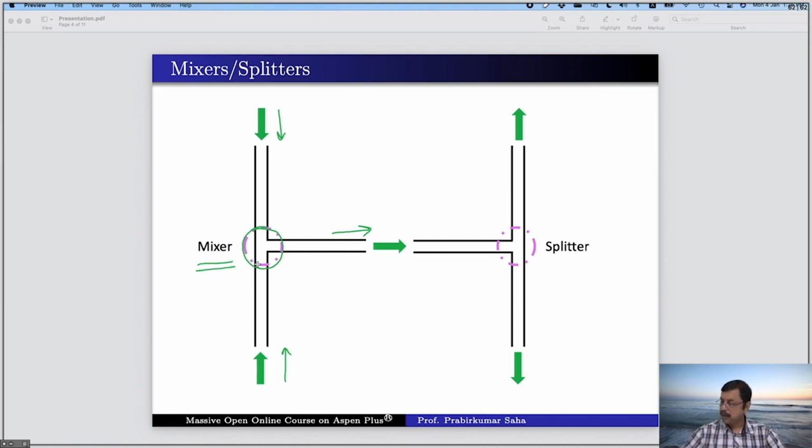Similarly, when a single fluid enters through a pipeline and is split into two or more streams, then the point at which those streams separate from each other may be regarded as a splitter.